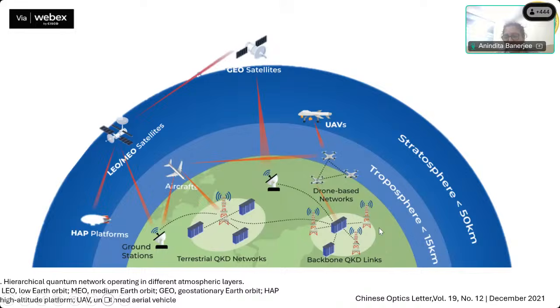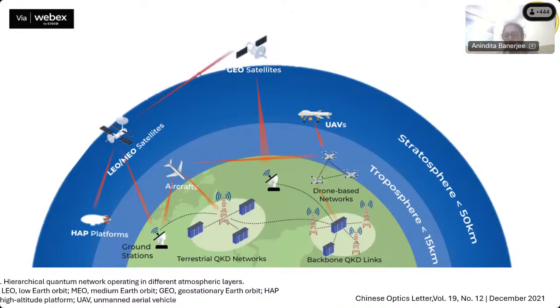So aerial platforms are lucrative. They will be like quantum relays. What will eventually happen is a link from terrestrial to drone, to high altitude platforms, to satellites. The world is actually moving in that direction.